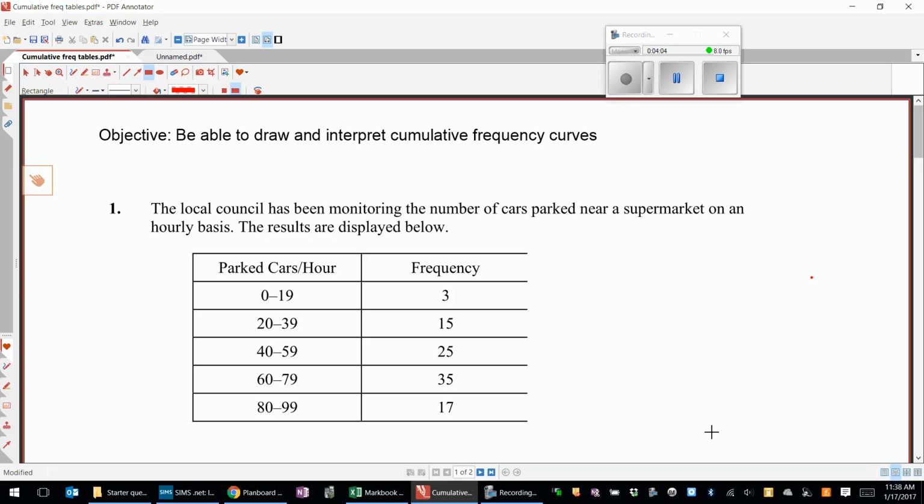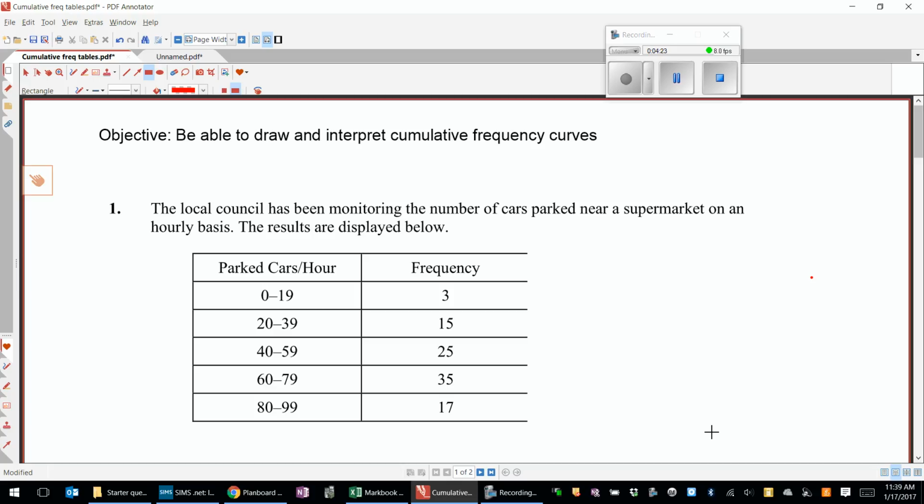So it might have been Monday at 7 till 8, there were 18 cars. Then Wednesday at 4 till 5, there were 10 cars, and so on. And so between 0 and 19 cars only happened 3 times over their survey. Does that make sense?